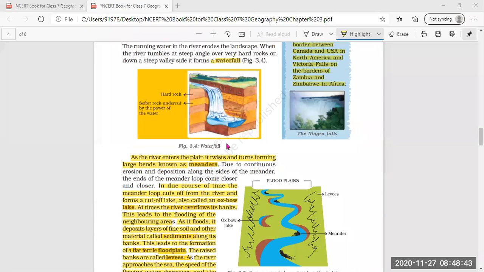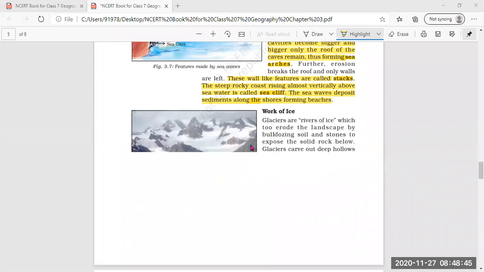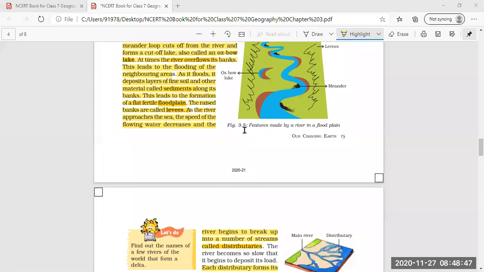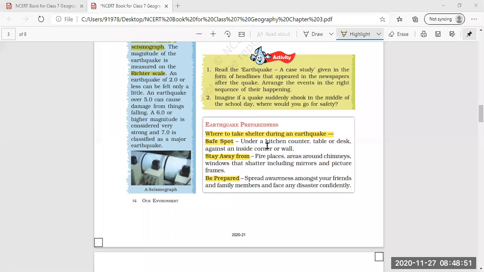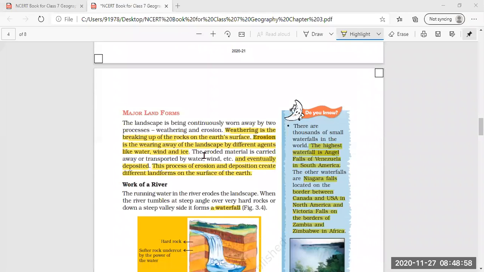So today we have read, I will stop here only. Today we have read about how we should be prepared when any natural calamity occurs. Secondly, on the major landforms, we have understood what processes take place in making our landscapes thinner and smaller in size.